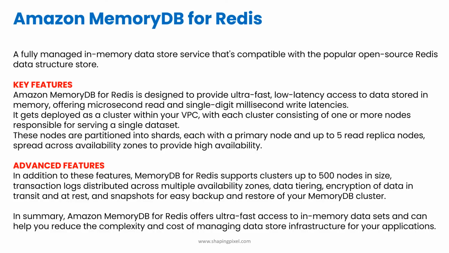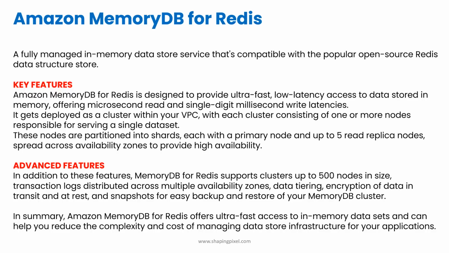It gets deployed as a cluster within your VPC, with each cluster consisting of one or more nodes responsible for serving a single dataset. These nodes are partitioned into shards, each with a primary node and up to 5 read replica nodes spread across availability zones to provide high availability.